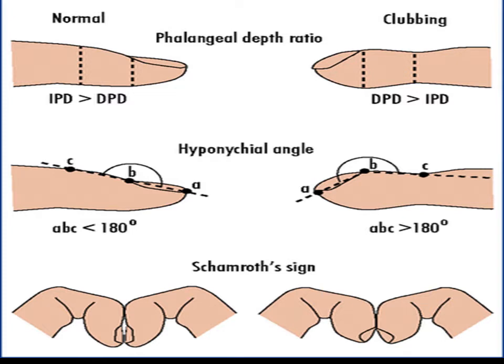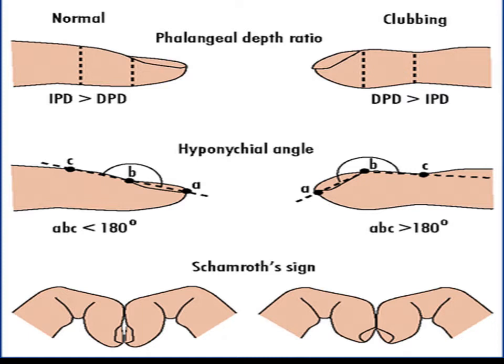Now, there are three defining factors which differentiate normal fingers from clubbed fingers. The first is phalangeal depth ratio. Interphalangeal joint diameter should be more than distal phalangeal diameter measured at the angle of the nail fold, at the level of the Lovibond angle or at the level of the base of the nail.